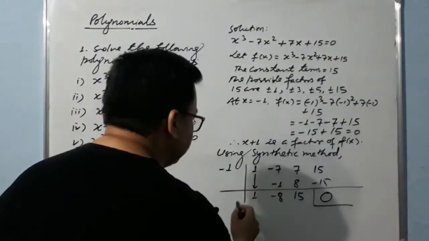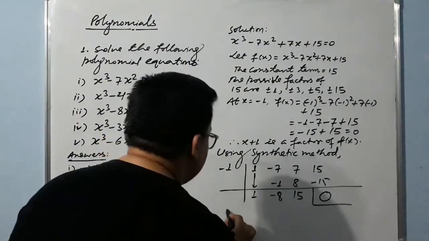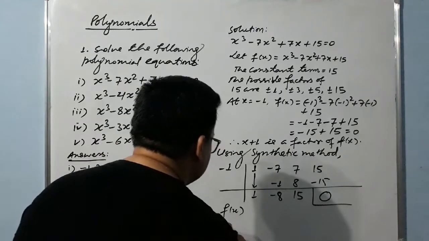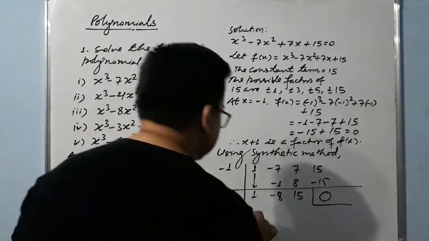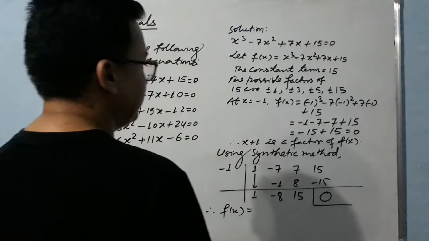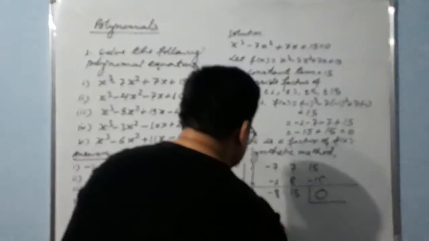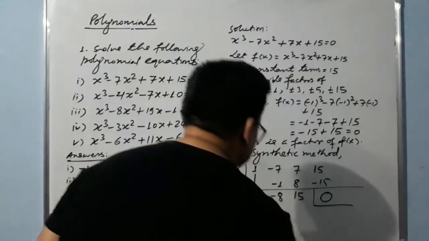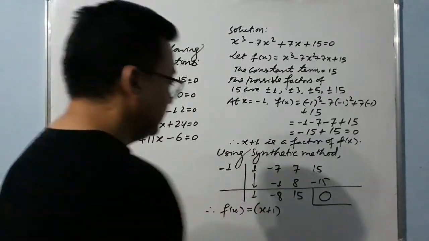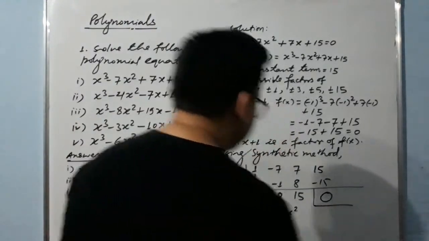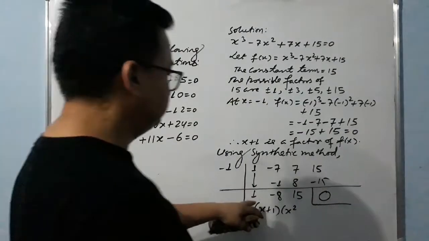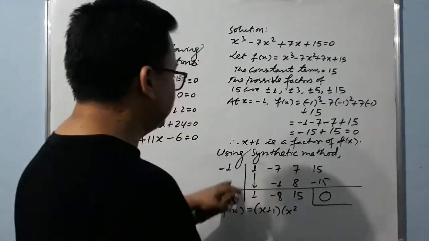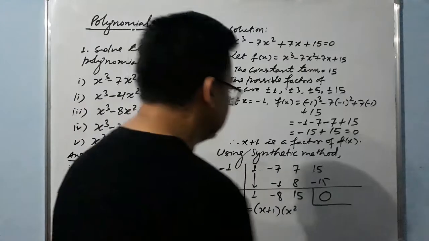From here we can write f of x is equal to x plus 1, the factor, times x squared minus 8x plus 15. This is your quotient, this is your divisor, and this one is the dividend.